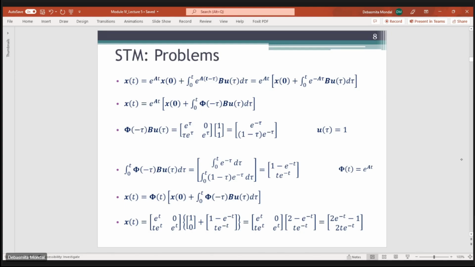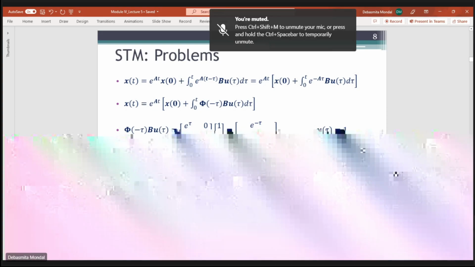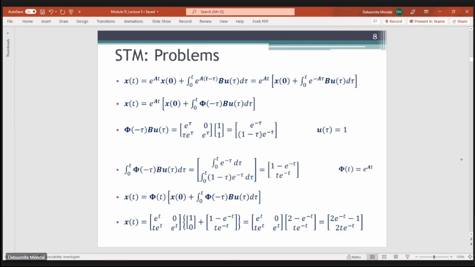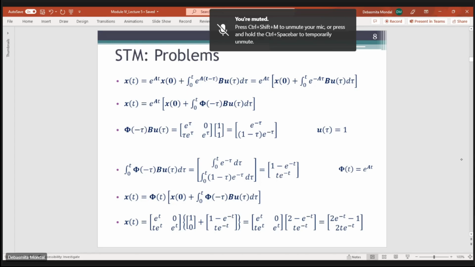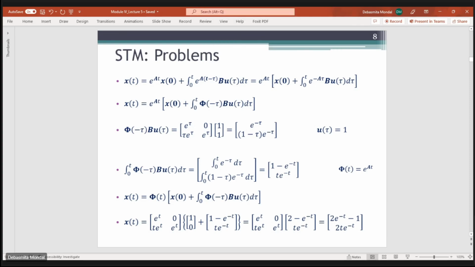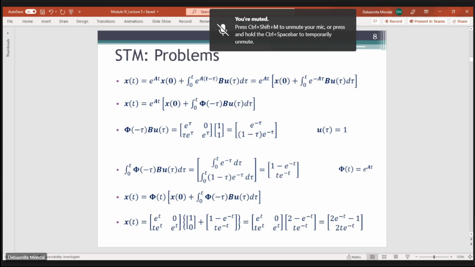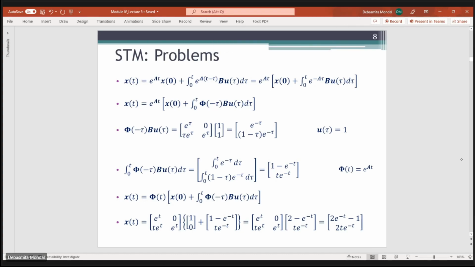In this equation, e to the power At is phi of t, and e to the power A(t minus tau) will be equal to phi of (t minus tau), because we are considering T0 equal to 0. Here you will have phi of minus tau, B, u of tau.